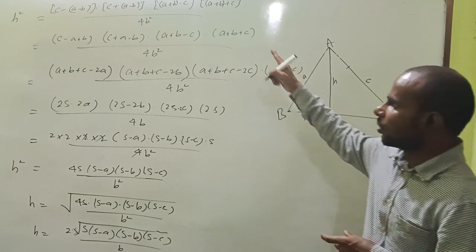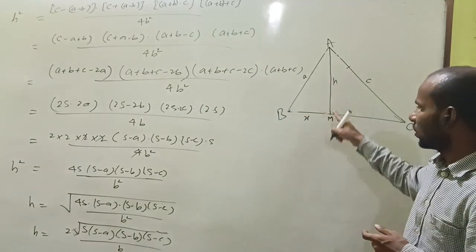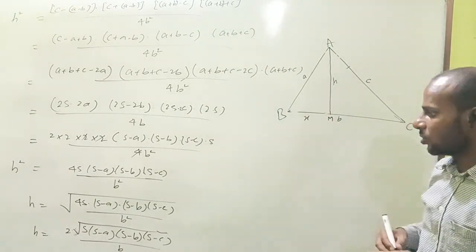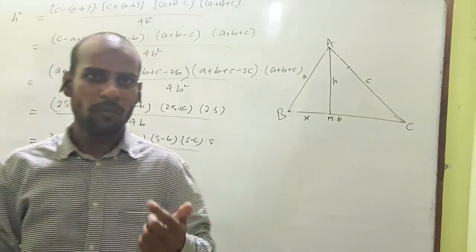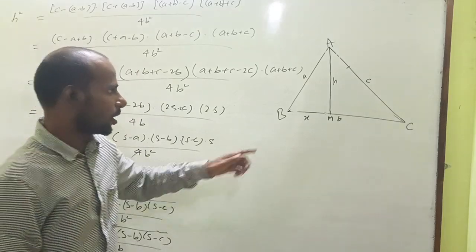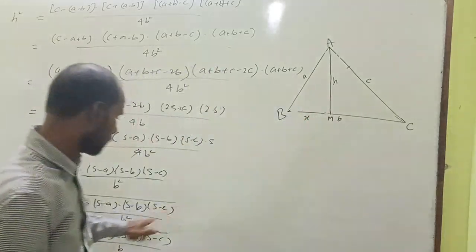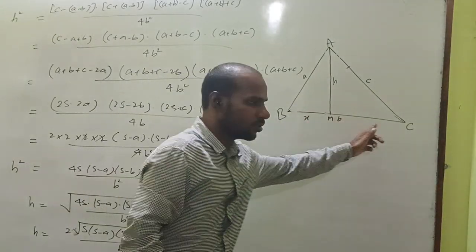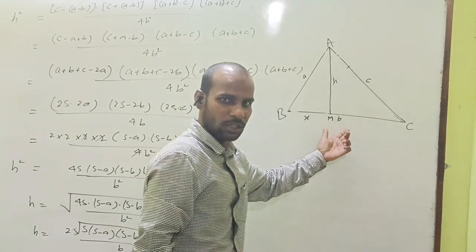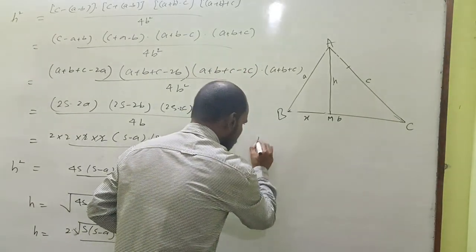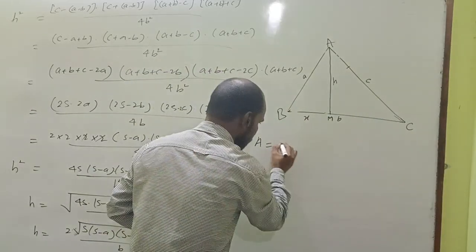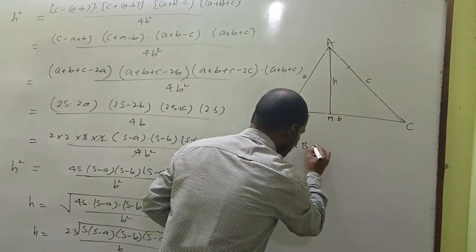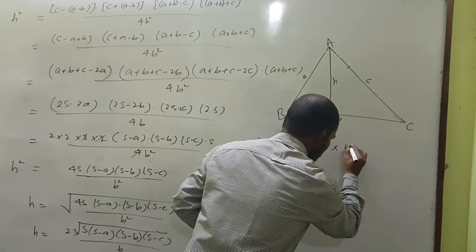We were calculating the value of h, which means we were calculating the value of AM. Now we can use the formula of area of triangle, that was the basic formula, 1/2 base into height. We have got height h in this form, and the base BC is equal to b already. So we can apply the formula for the area of this triangle ABC. Area is equal to 1/2 base into height.